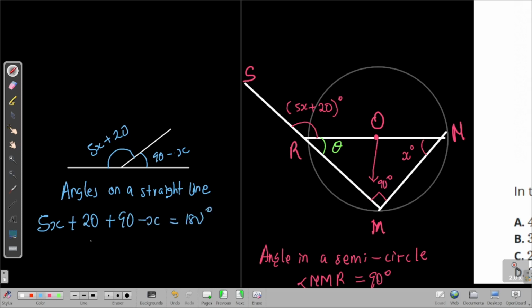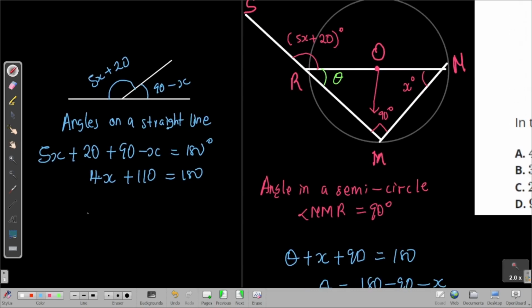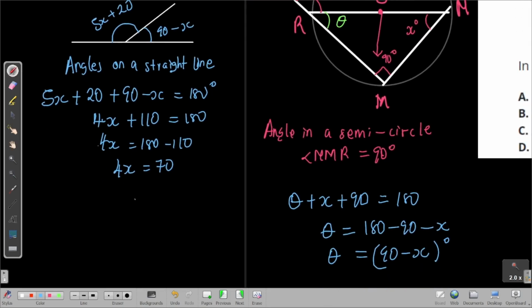So 5x minus x is 4x. So 4x is equal to 180 minus 110. 4x is 70. We're looking for 2x.